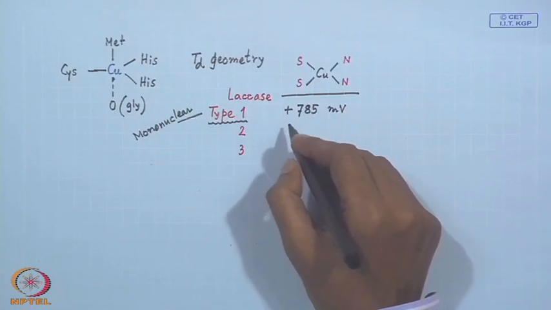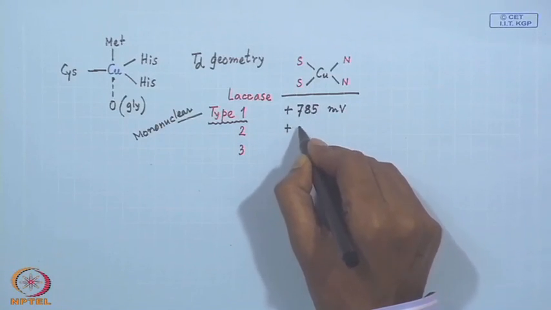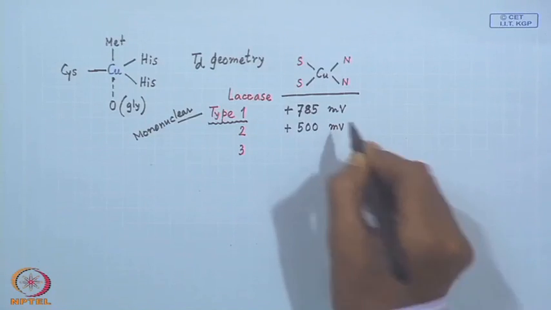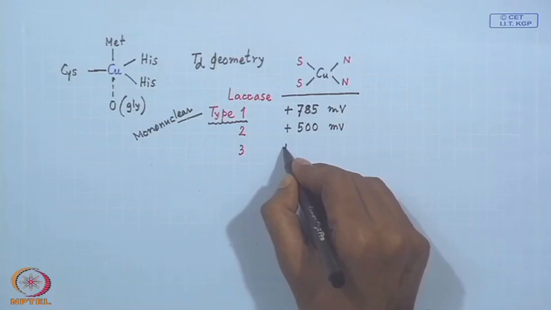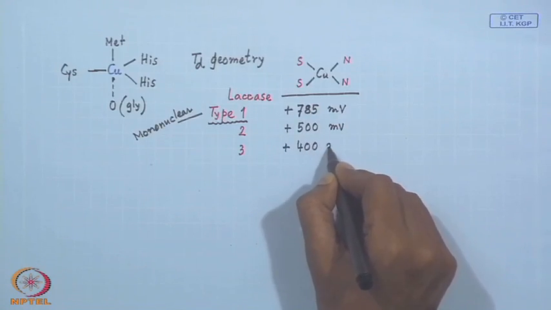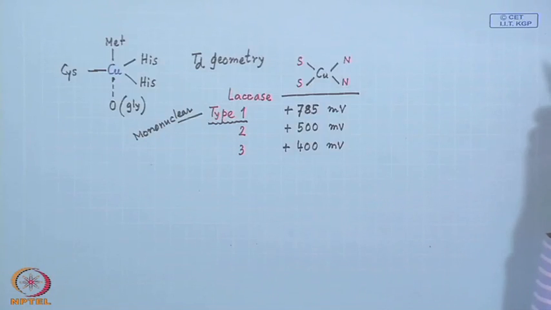Then you have type 2, where potential is around 500 millivolt, and type 3, which is close to azurin potential, around 400 millivolt.